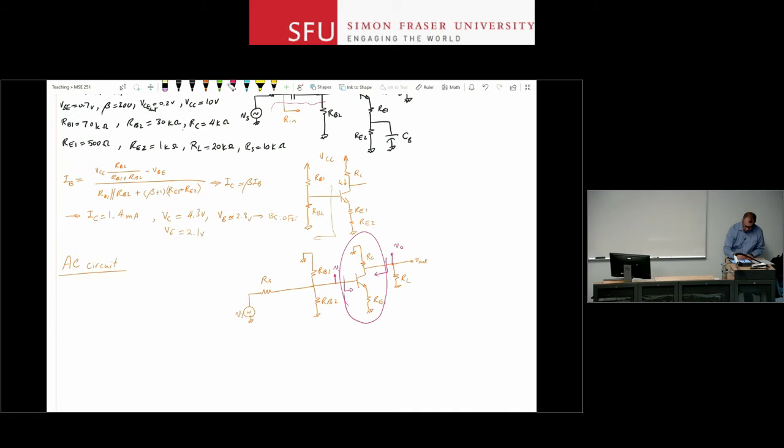So let me draw this a little bit larger. So this is my amplifier. This is the common emitter stage, right? I've identified it. Inside it, I have an input resistance, a controlled voltage source, and an output resistance.